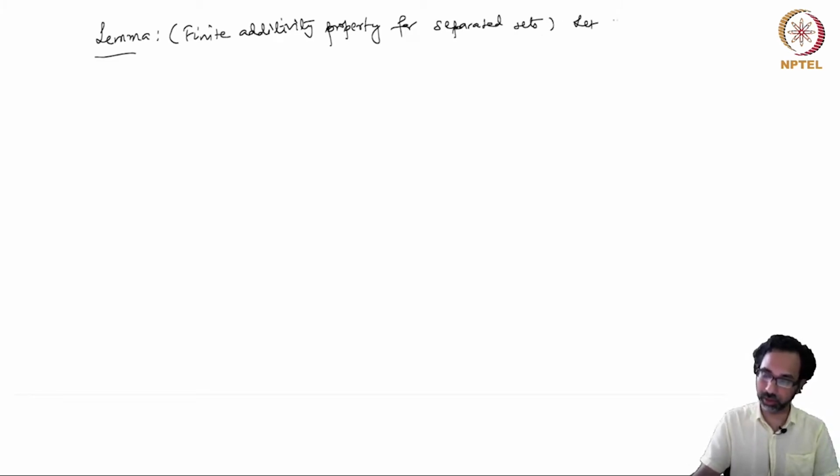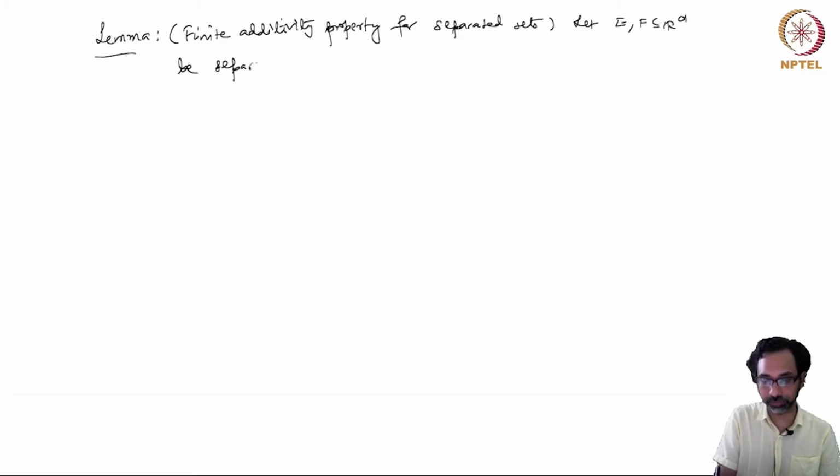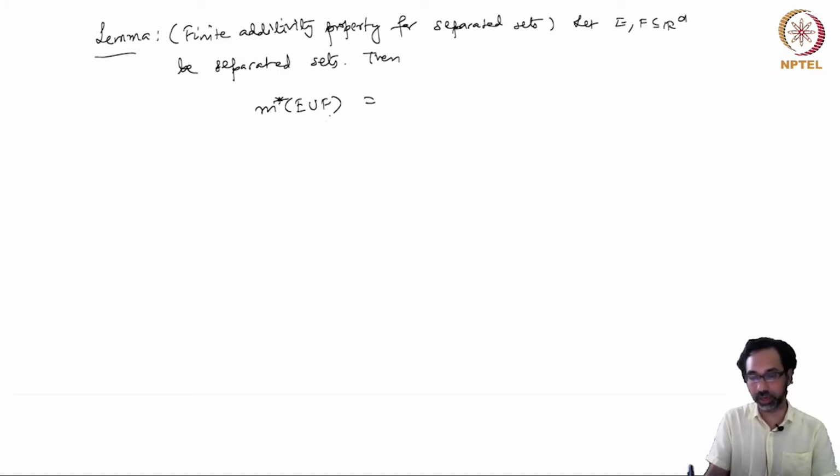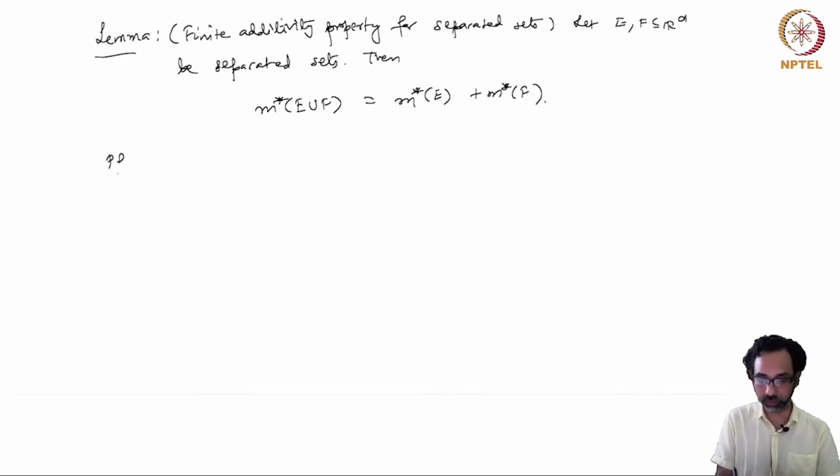So let E and F be subsets of Rd which are separated sets. Then we have the finite additivity property, which is that the Lebesgue outer measure of the union is equal to the sum of the Lebesgue outer measures of E and F. So let's try to prove this.